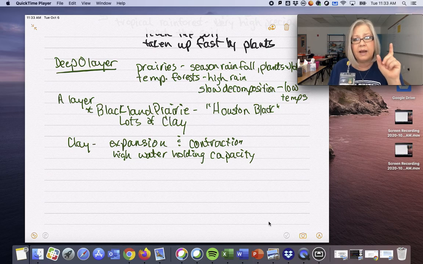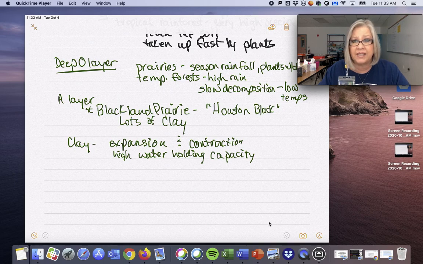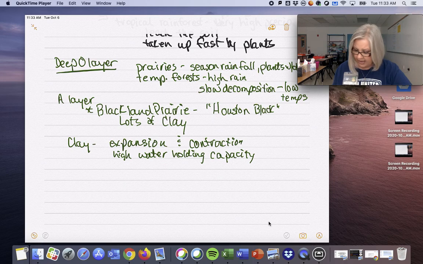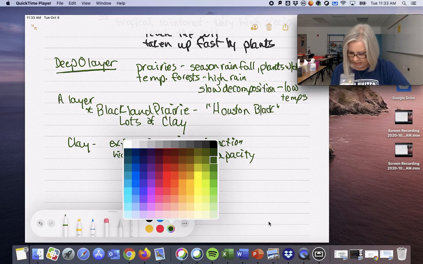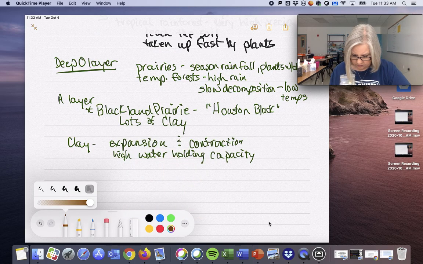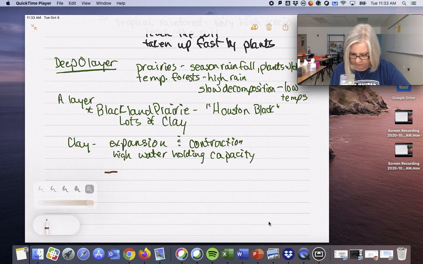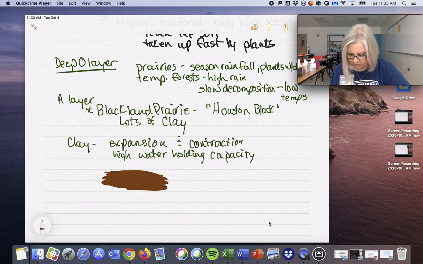But in the summertime, when we have these seasonal rains and we end up with a dry spell, which we usually do in the summer, what happens is that clay, I'll just draw it for you real quick. Let's just say we've got our clay soil out here, right?